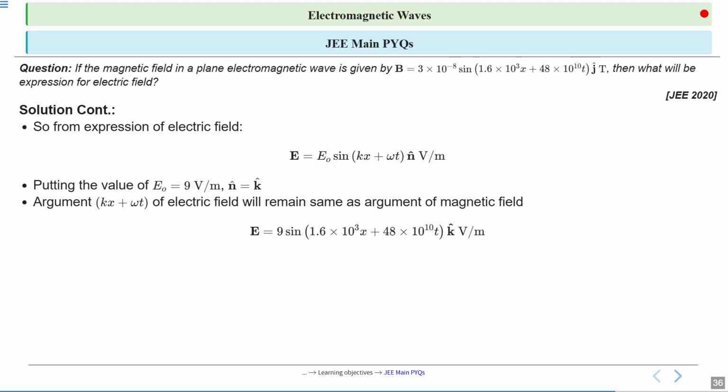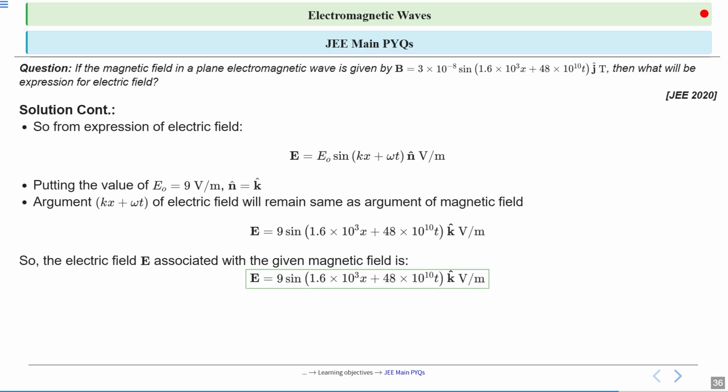So E will be equal to 9 sine 1.6 into 10 to the power 3x plus 48 into 10 to the power 10 t K cap volt per meter. Now the electric field E associated with the given magnetic field is E is equal to 9 sine 1.6 into 10 to the power 3x plus 48 into 10 to the power 10 t K cap volt per meter. So option B is the correct option.